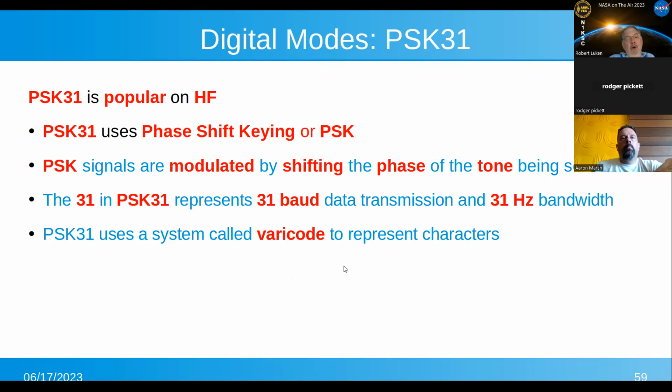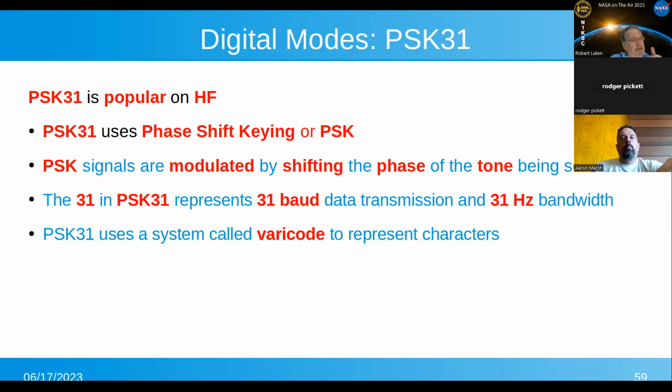And it uses what's called varicode. So instead of the typical where you would map your ASCII characters straight into binary, it changes the mapping so that all the characters won't have the same length.